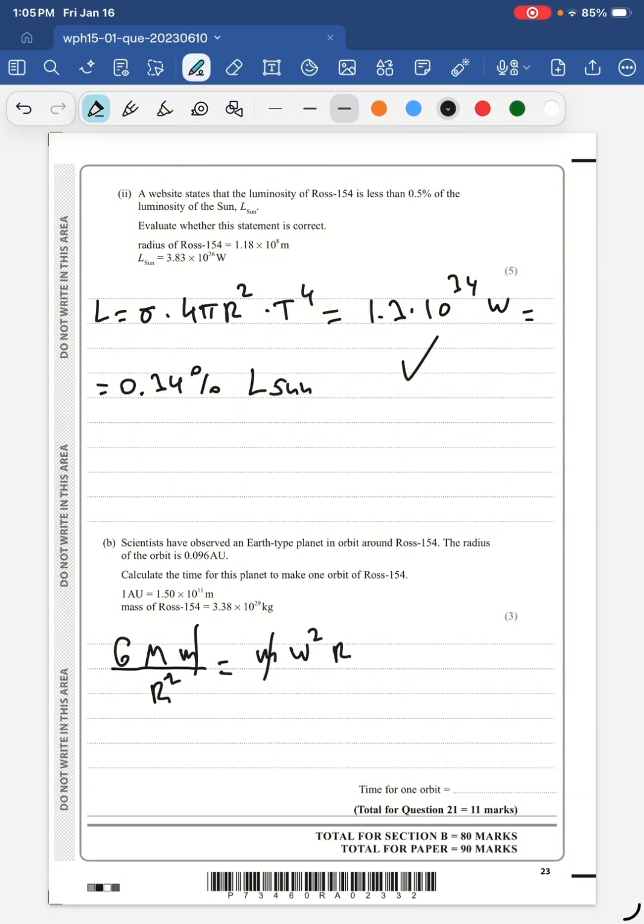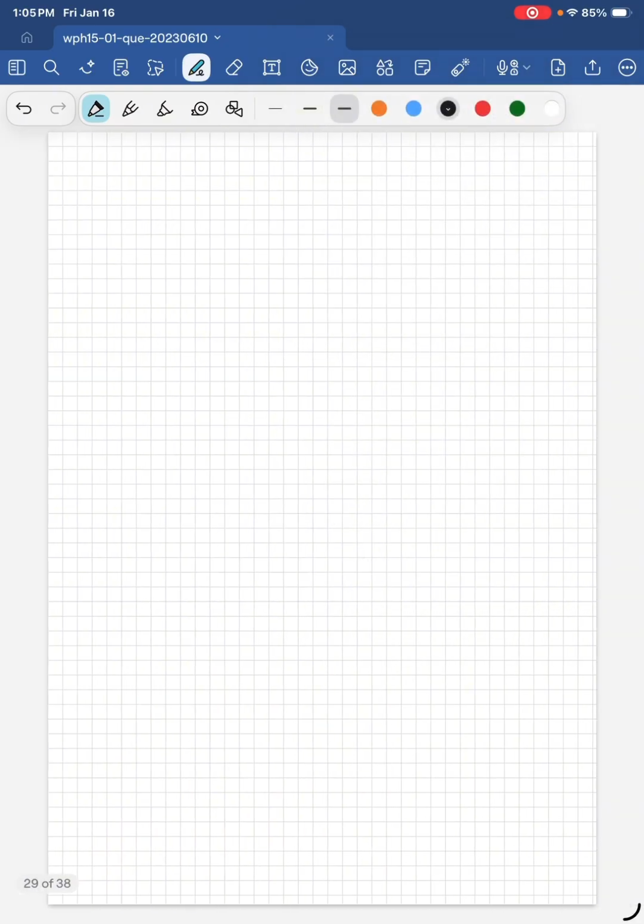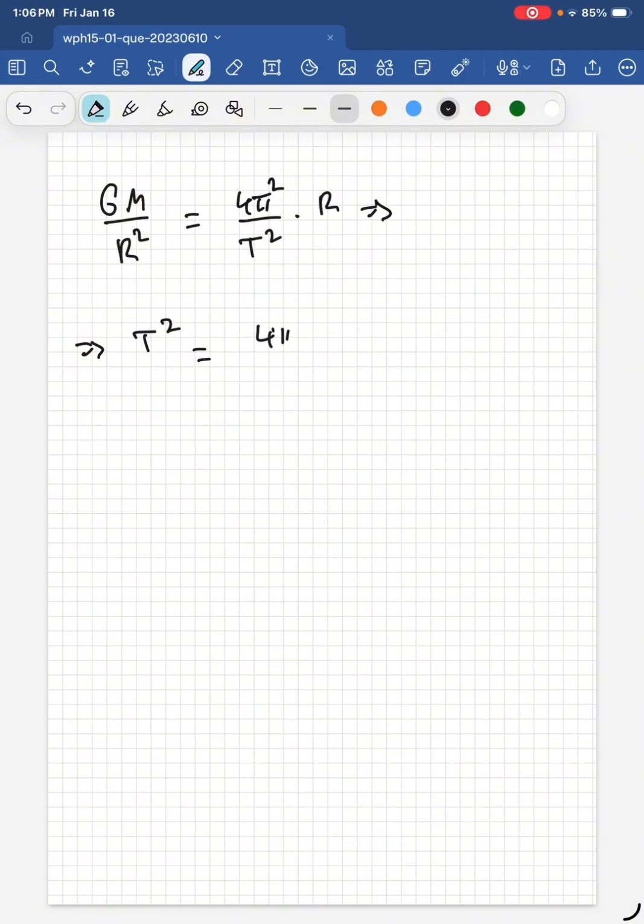M goes away. So I'm going to use a clean page again. So you always have to prove this, unfortunately. So GM over r squared is 4 pi squared over T squared times r. So T squared is 4 pi squared r cubed over GM.